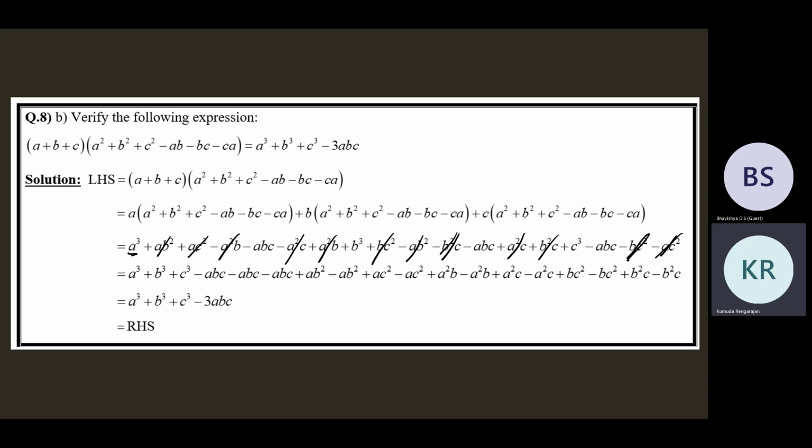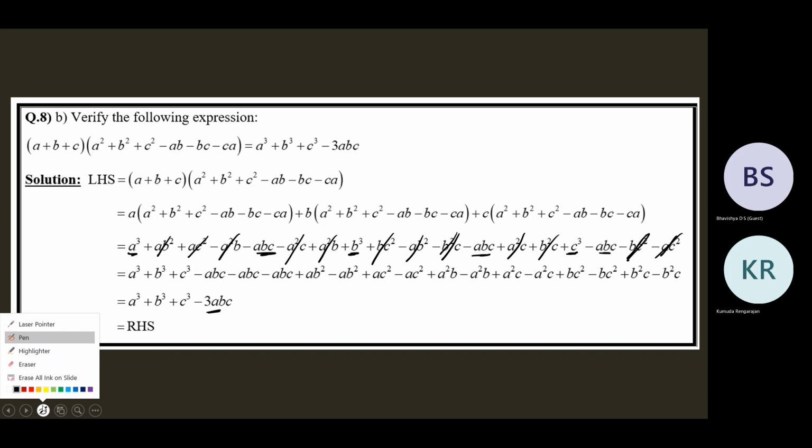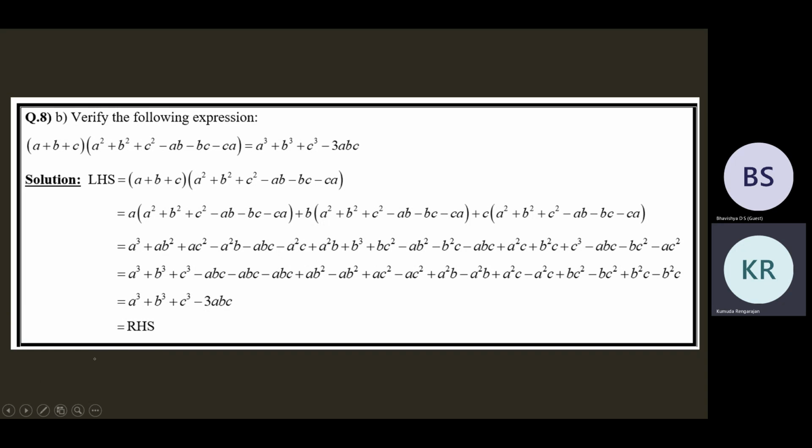So A cubed, plus B cubed, plus C cubed, minus ABC, minus ABC, minus ABC is minus 3ABC. Understood, Bhavishya? Yes, ma'am. So this step, again, it's not really needed. I've just rearranged. I've written A cubed because it doesn't get cancelled with anything.